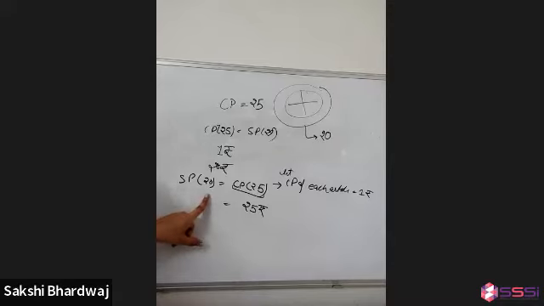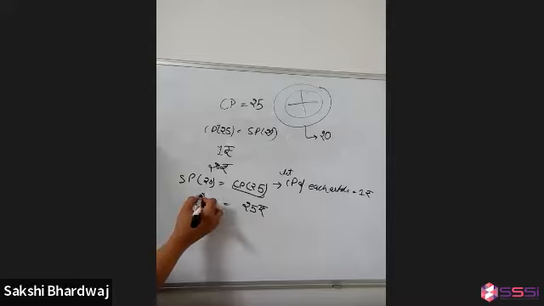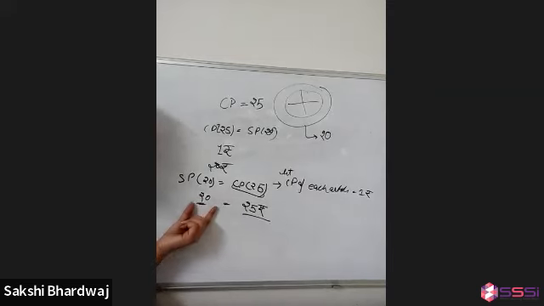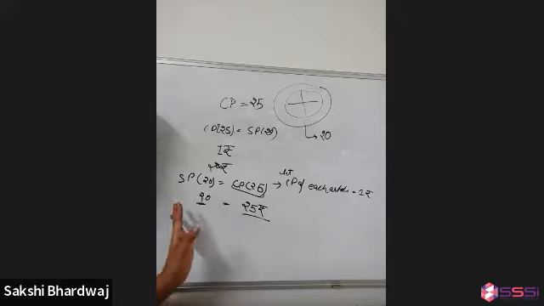So the selling price of 20 articles equals 25. Here 20 is the number of articles, not the rupees. There are 20 goods which are sold at rupees 25 only.